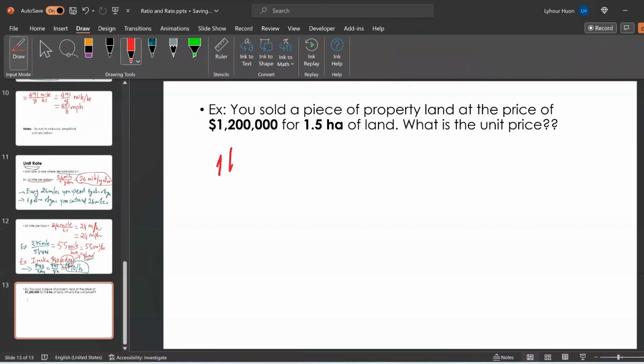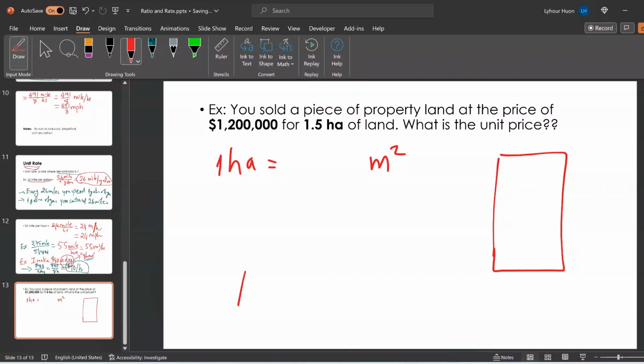One hectare equal to how many square meters? I don't remember. So the area of a land, or area of anything, if it's big, it's converted as a hectare. Area of a rectangle, area of any shape, is length times width.